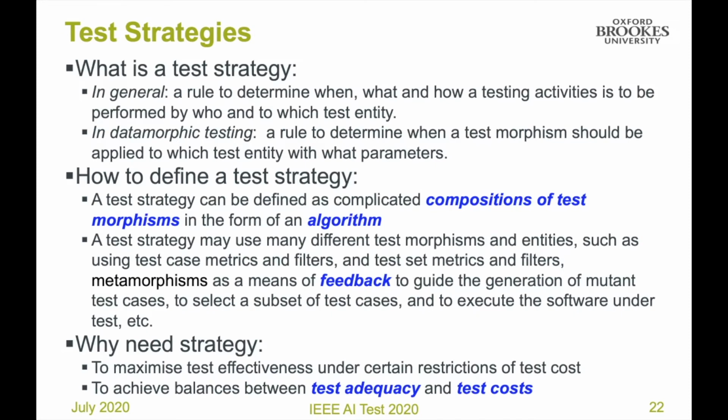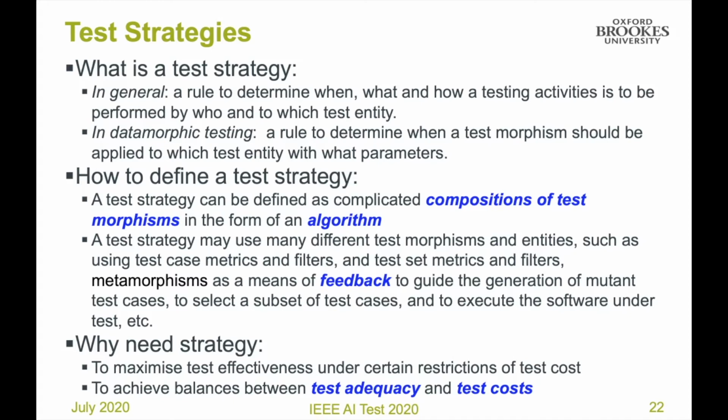So let's focus on the test strategies. Generally speaking, a test strategy is a rule which determines when, what, and how a testing activity is to be performed by whom and to which test entity. It is equivalent to a rule to determine when a test morphism should be applied to which test entity with what kind of parameters.